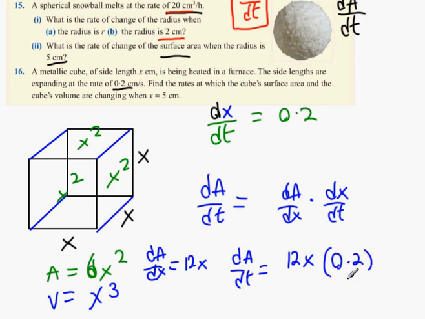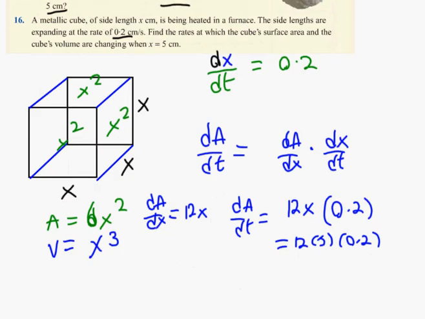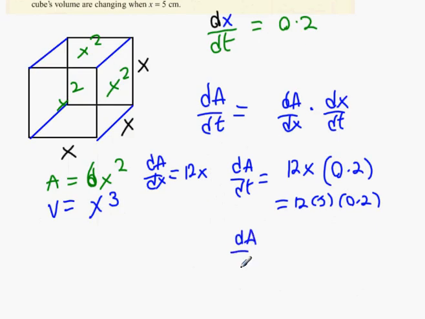What's the x value? 5. So 12 times 5 times 0.2, and the answer is 12, isn't it? Now get your units right. What is the units of area? 12 centimeters squared per second.